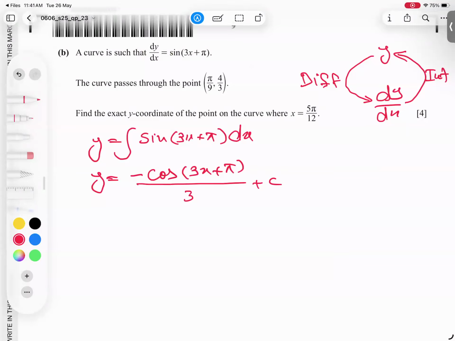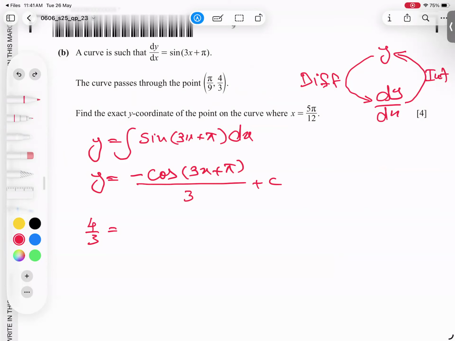And plus c. Now students, I'm going to plug in the parameters. 4/3 will come here. And pi by 9 goes here.